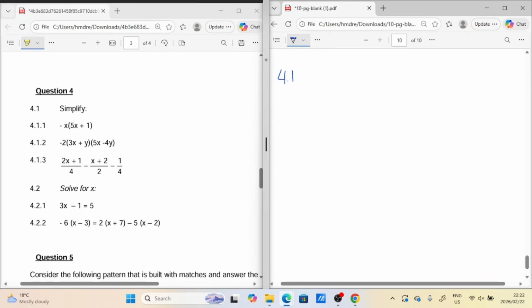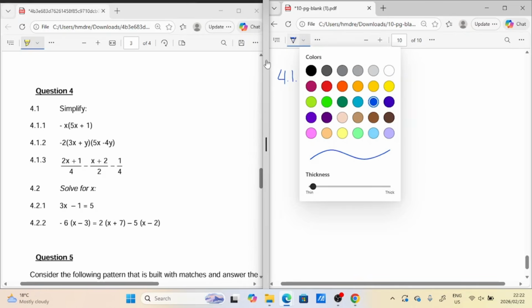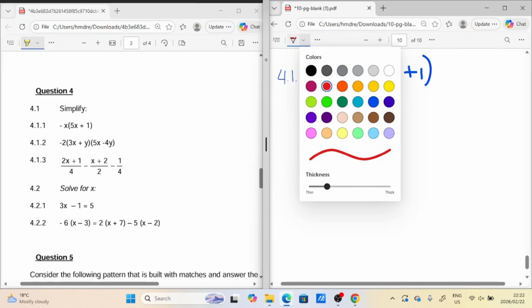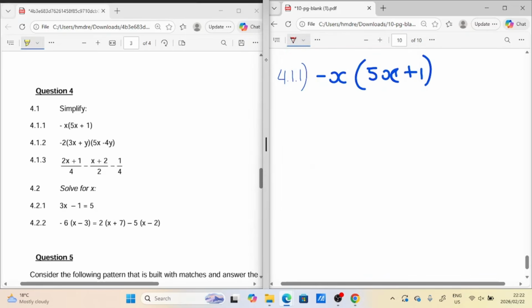4.1.1. We have negative x, 5x plus 1. Okay, so they are testing if we can multiply into brackets correctly, and they want to make sure we can multiply this minus sign.